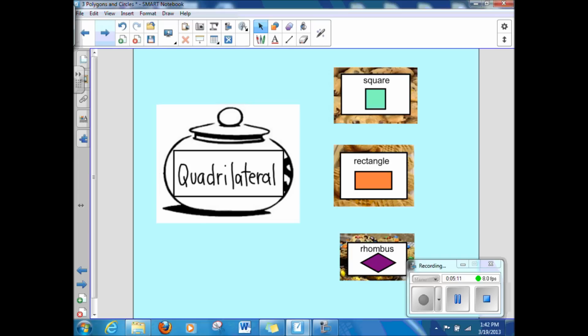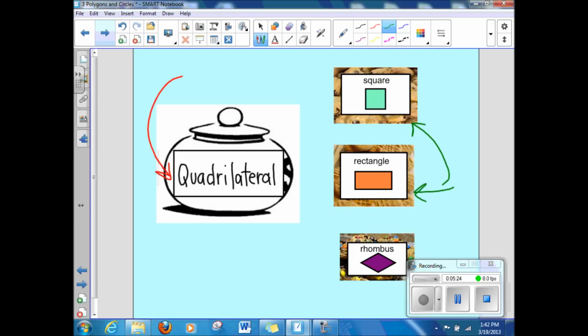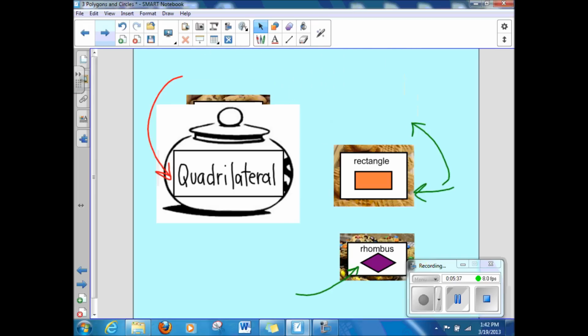We changed the cookie jar now to say quadrilateral. You'll see I changed the label on there. And here are my cookies on the other side, and now I've got my chocolate chip cookies. I put a square on there, or the rectangle I put over the top of the peanut butter cookies. And then there's this character. Some of you might like to call it a diamond, but it's actually called a rhombus. I've put that over those monster cookies, and I know that I can put that in this cookie jar.